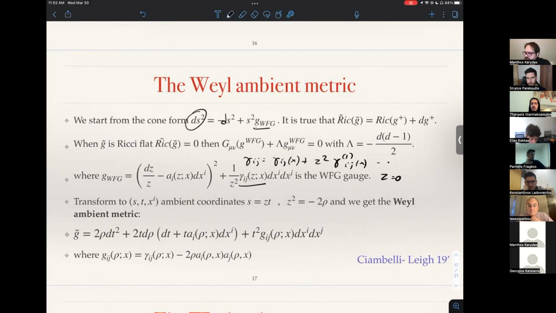So what they found is that if you take the ambient connection, the Levi-Civita connection of this thing, and you do a Z expansion, the 0th order, which is supposed to be the pullback in some sense of the Z equals 0, is not just the Levi-Civita connection of this. The A_nu will come into it, and it will be exactly the Weyl connection.